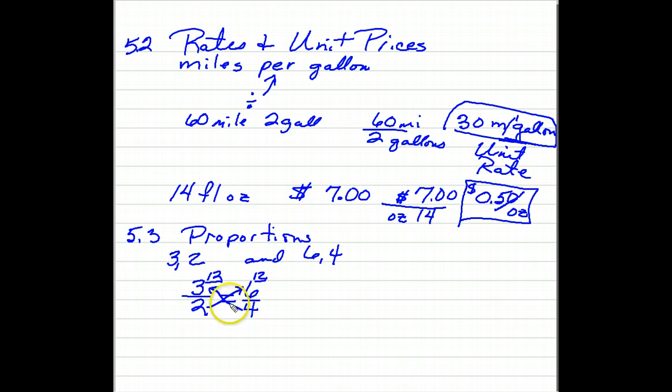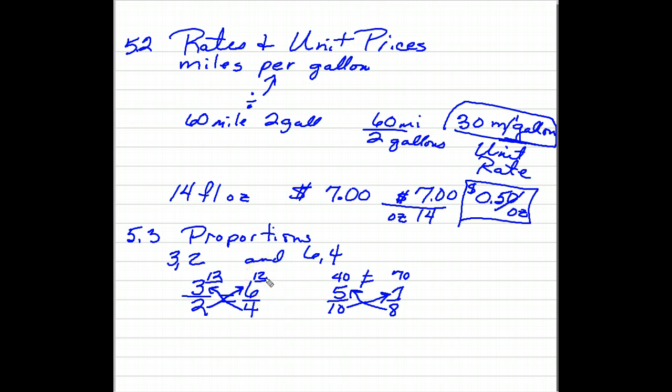Okay, so anytime you have a fraction equals a fraction, they are proportional if that's equal. So if you have 5/10 and you have 7/8, to see if they're equal, just multiply across. 10 times 7, 70. 8 times 5 is 40. They're not equal. That's not proportional.